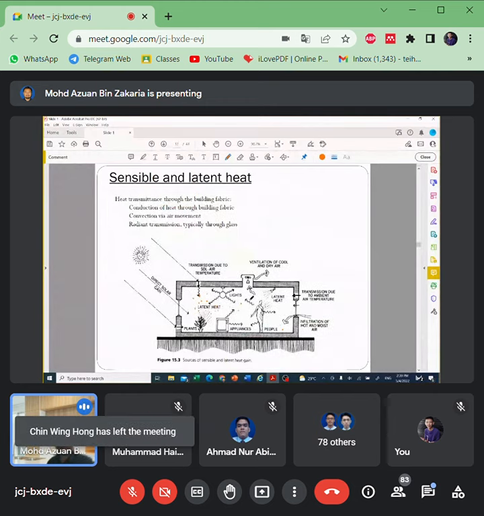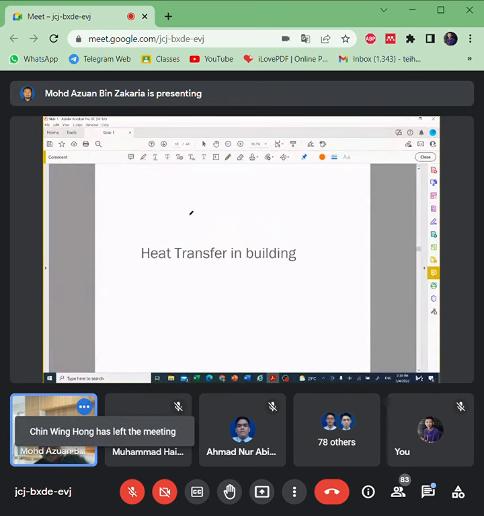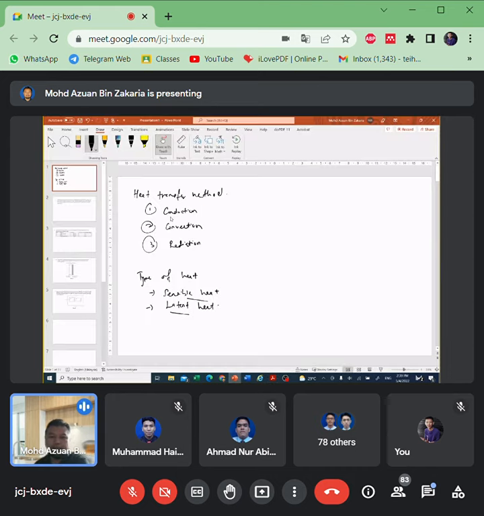So what I want to continue now is to calculate how to measure heat through the building. Again, as I mentioned before, we have three types, right? Conduction, convection, and radiation. And all of these, we actually can calculate how much convection energy and radiation energy through our home.